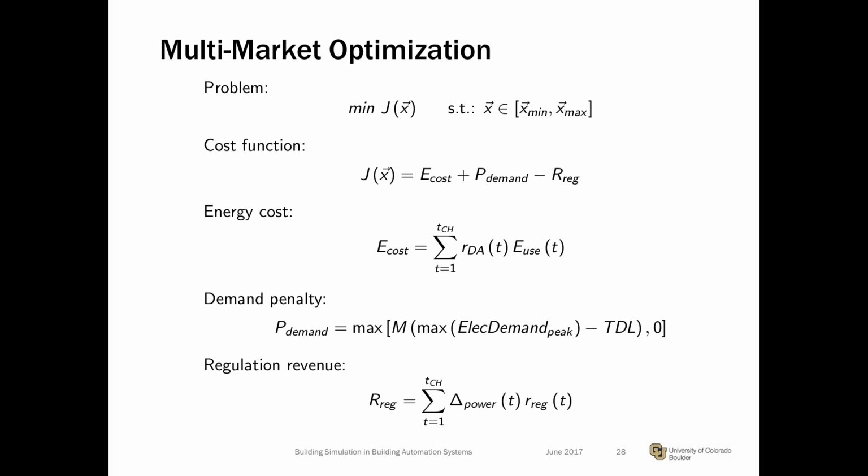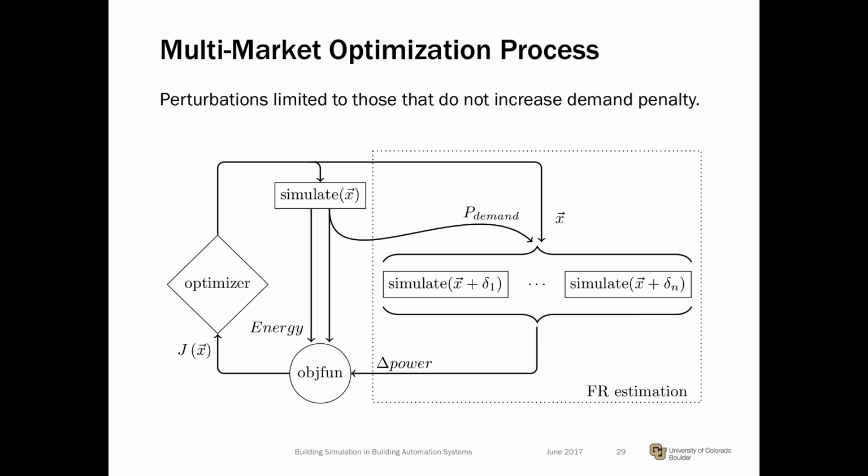In an overview of how we conduct this multi-market optimization, the optimizer tries to minimize this cost function J, and it finds a candidate control vector x for which the building energy consumption is known.